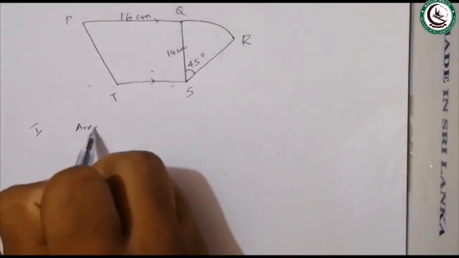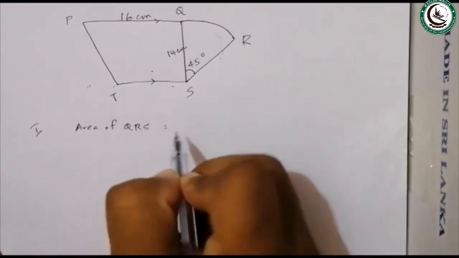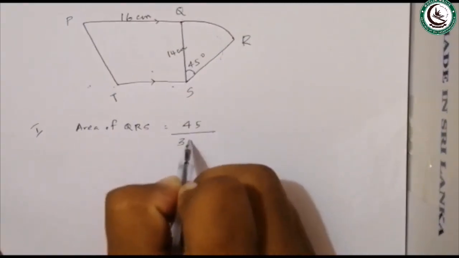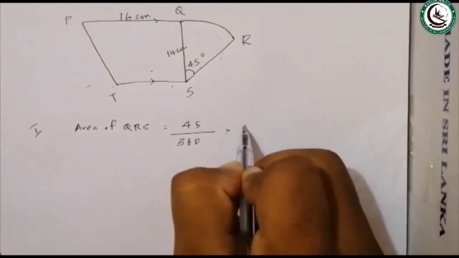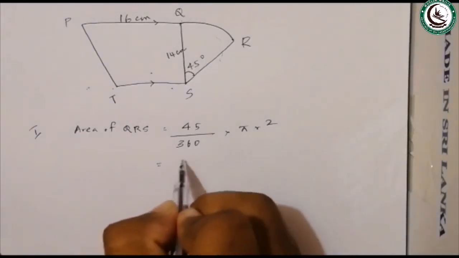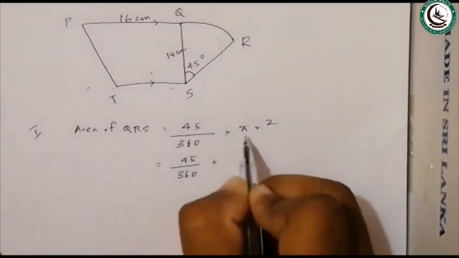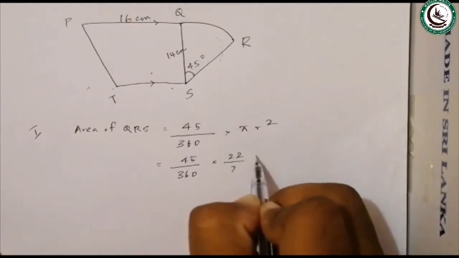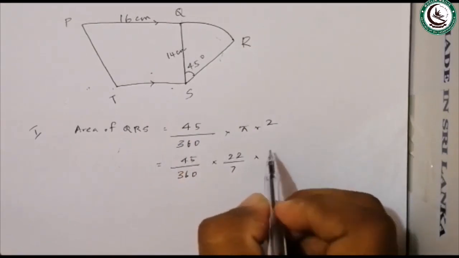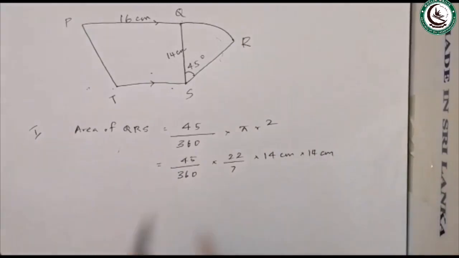So area of QRS is equal to 45 over 360 into pi r square. So 45 over 360 into pi, which is 22 by 7, and the radius is 14 centimeter. It's given here. So 14 centimeter into 14 centimeter.